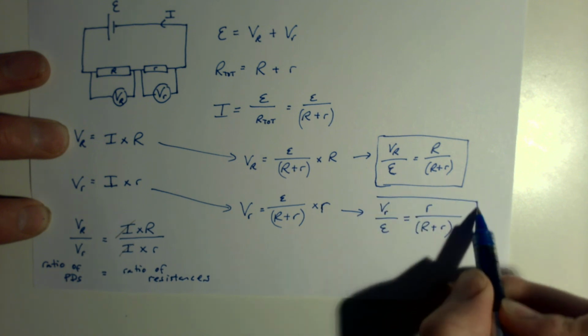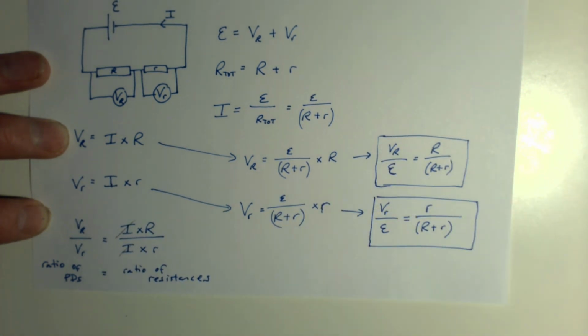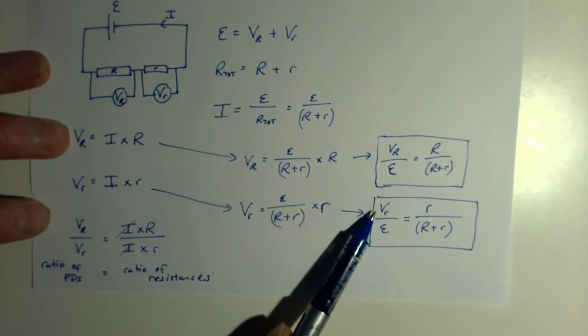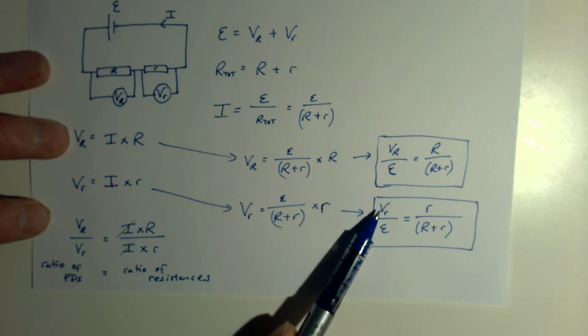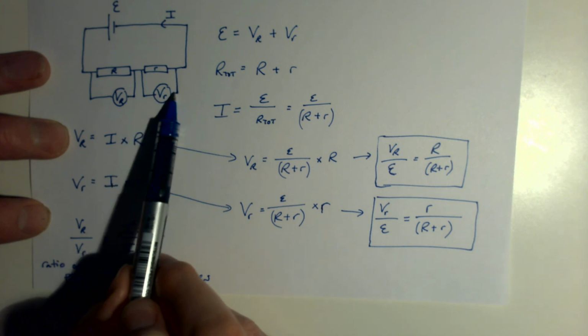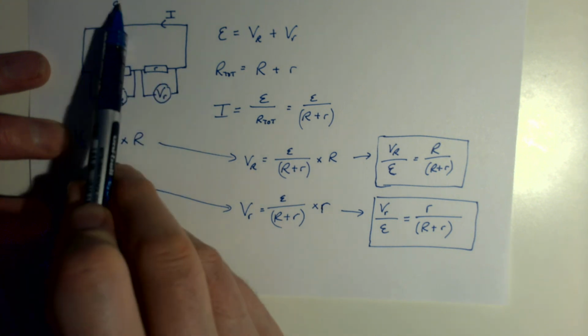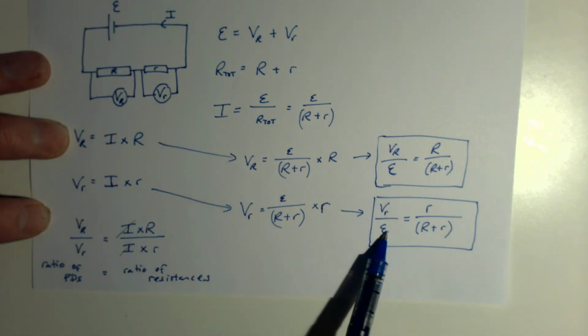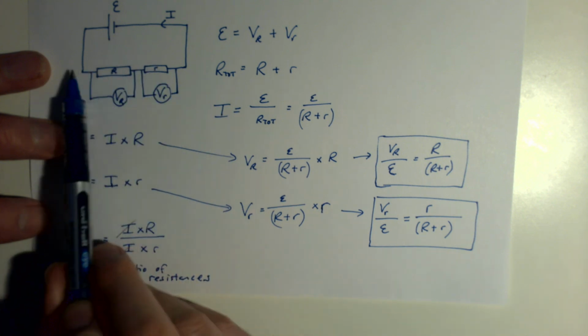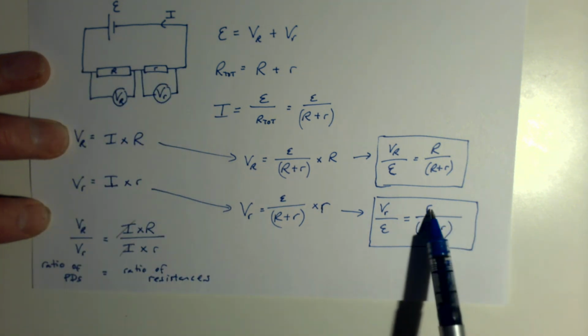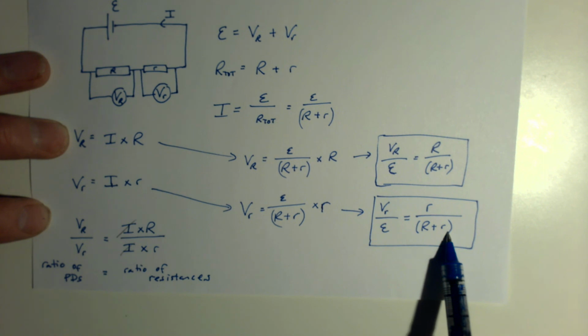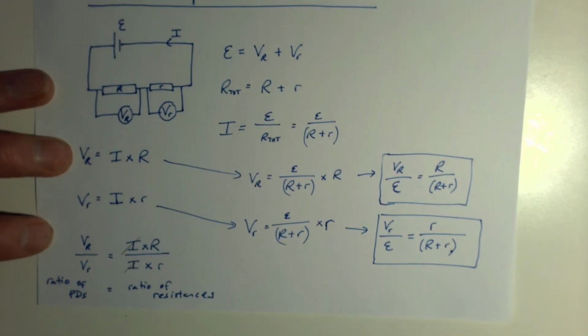So exactly the same thing. The ratio between the potential difference across that resistor compared to the total potential difference, the EMF, is the same ratio as that resistance compared to the total. So that is a little video on the maths of potential divider circuits.